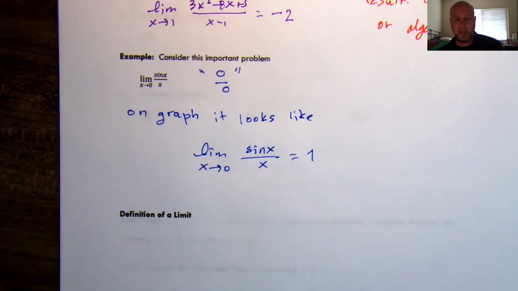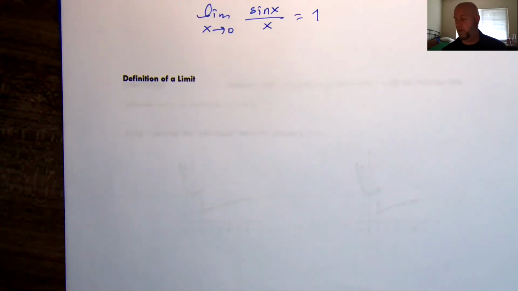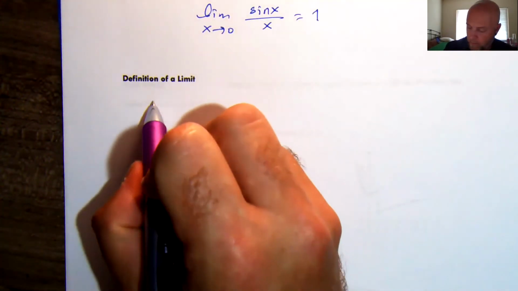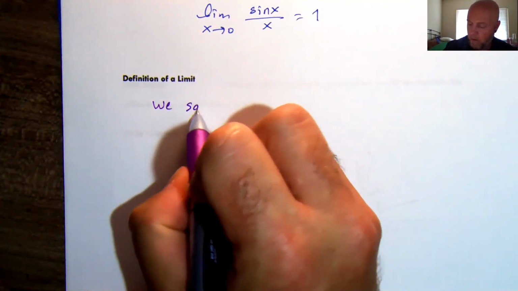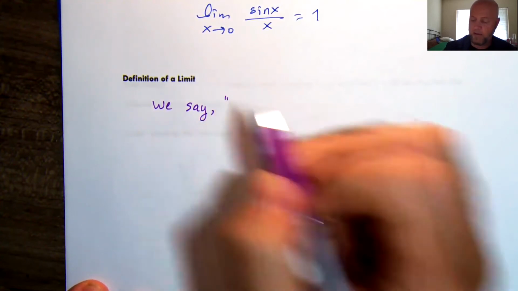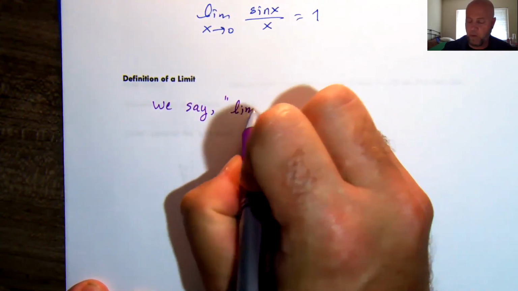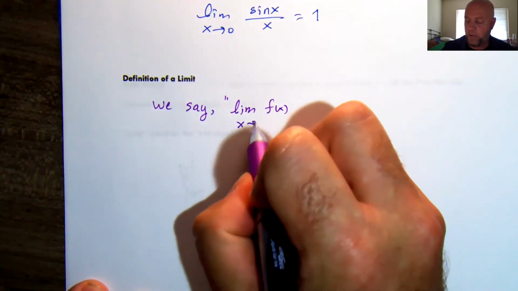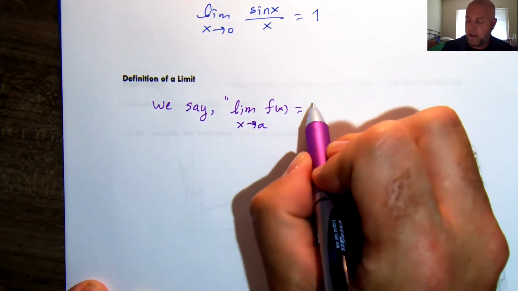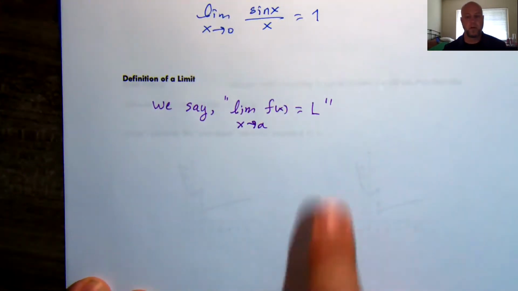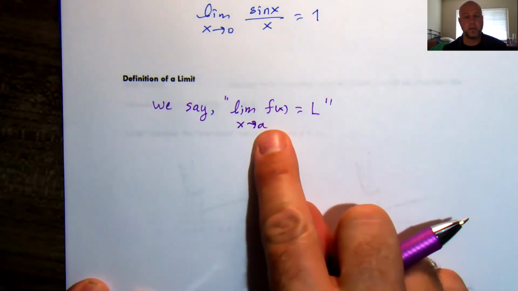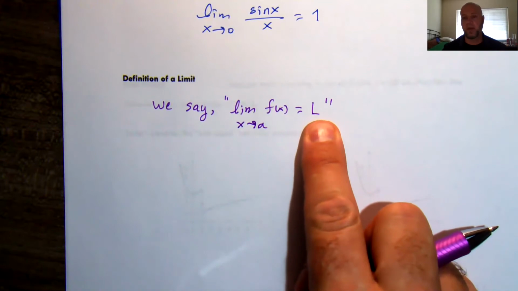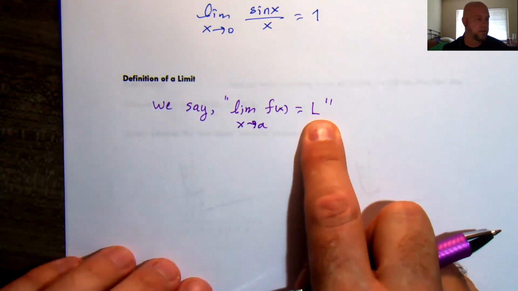So we're going to give this informal definition of a limit. We say, so here we are using the language, the limit of f of x as x approaches a equals L. Here a is considered to be an input and L is considered to be a value of this limit.